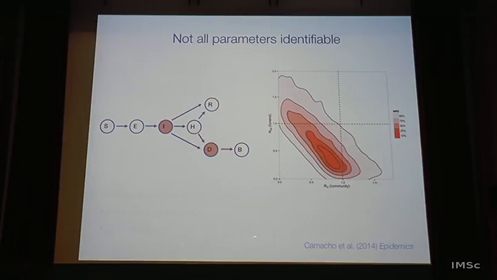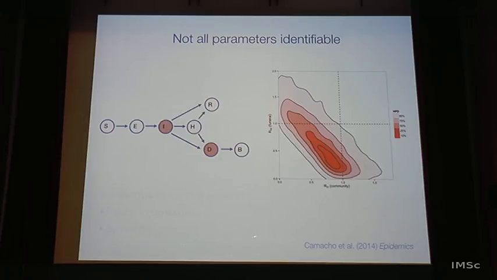We quickly realized that it was not possible. In the same way as in the Legrand paper, they were not able to obtain precise estimates for all the parameters, for all the reproduction numbers. It was not possible here either, just because we only had information on person-to-person contact, but we didn't have information on whether this contact happened in the community or during the funeral.